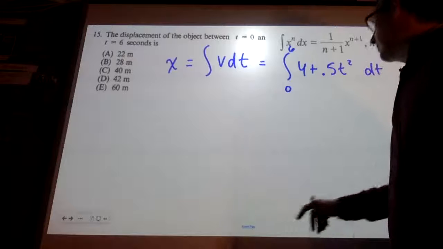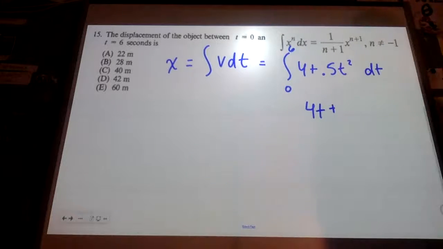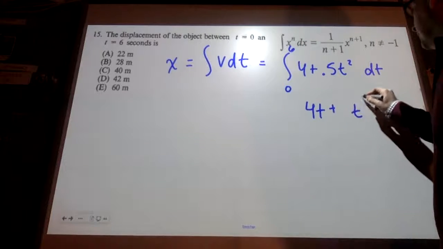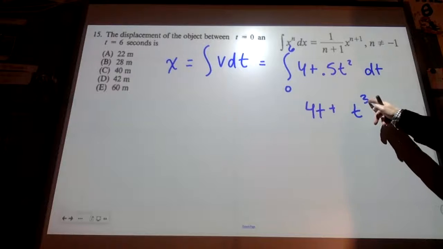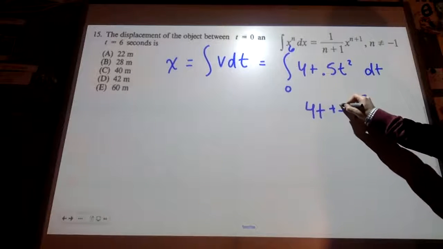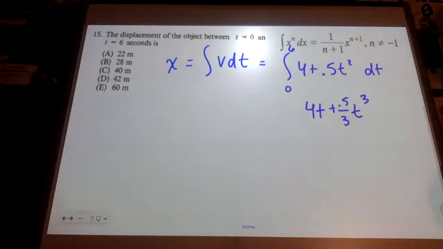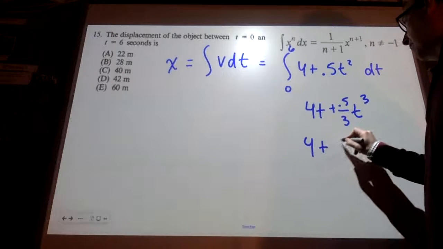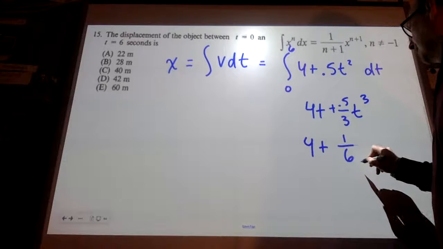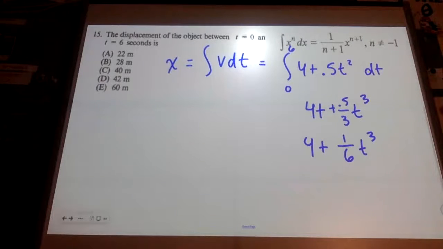And so this would be 4t plus t cubed. I need to cancel out a 3 when I go down, and so this is going to be 0.5 over 3, which I can rewrite as 4t plus 1 over 6 t cubed.